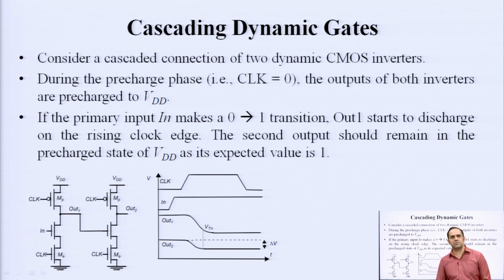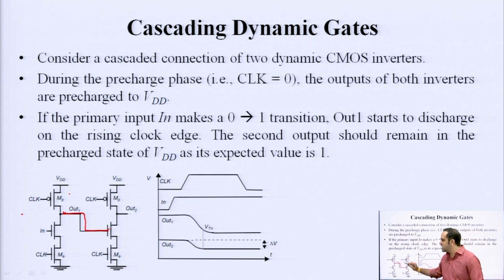The circuit diagram shown is a simple cascaded connection, or simple series connection, of two dynamic CMOS inverters. The circuit on the left has been directly connected to the circuit on the right by a simple piece of wire. So, the output of the first stage, labeled out 1, is connected as input to the second stage.